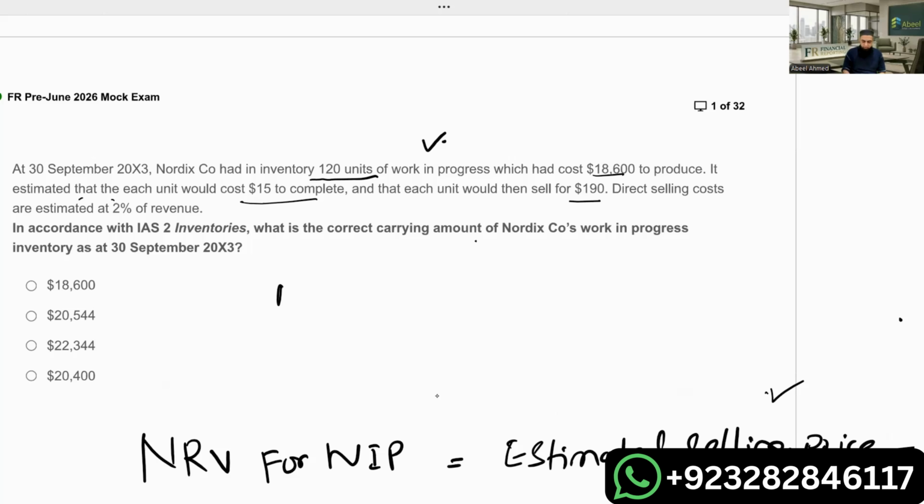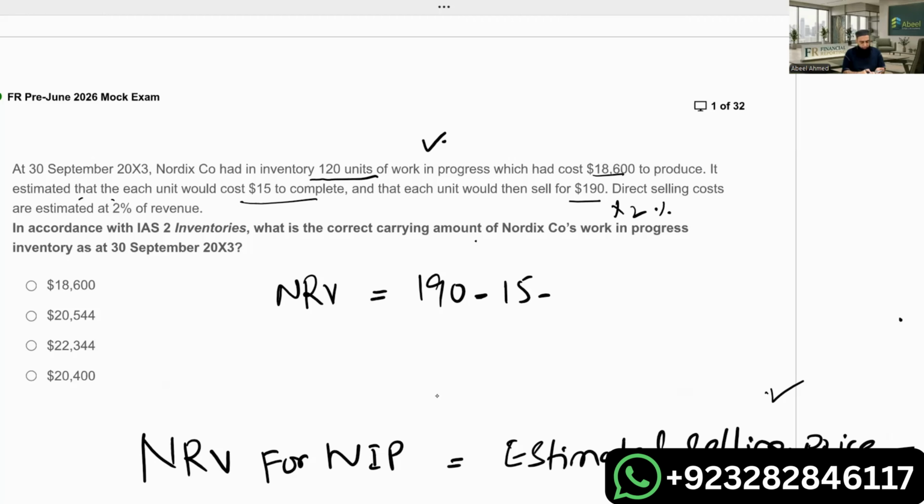So here comes NRV. Estimated selling price, they have given us 190. Minus estimated cost to complete, which they have given us 15. Now minus the direct selling cost, which is 2% of the revenue. Revenue means simply the selling price, 190. I have to take 2% of 190. Let me use the calculator.